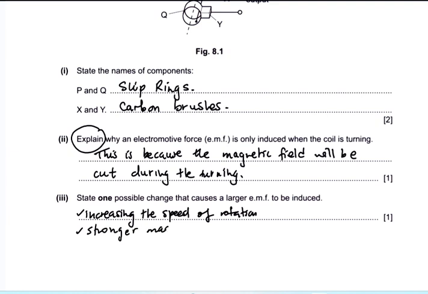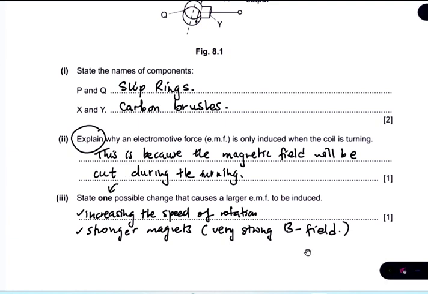Stronger magnets will bring about a very strong magnetic field, a very strong B field. A magnetic field is normally represented by B. Some say you can also add more turns on the coil. So you can just state one there.